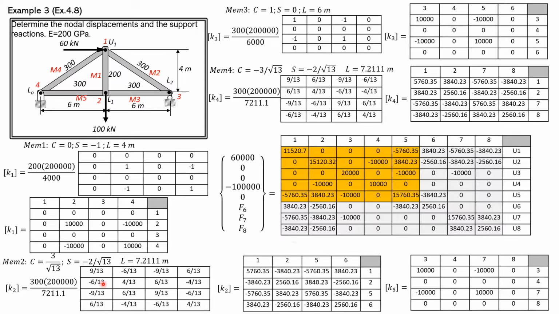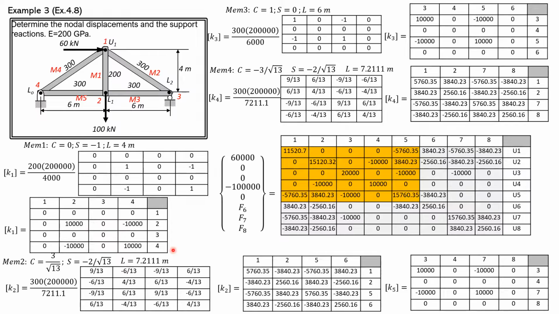So it's only 0 plus K2 5760.35. We have 1, 1 here. Then K3 none. K4, then we have 1, 1 again, 5760.35. Then K5 none. So it's 11520.7.